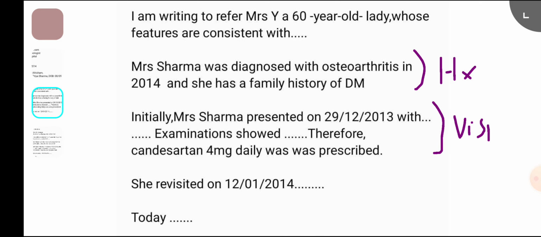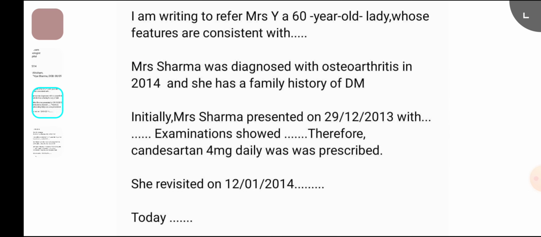Now if your history is like 2 3 lines, then write it as a separate paragraph. Otherwise, if it's just a one-liner, that's not going to make a paragraph. Just write it at the end of your first paragraph. Okay, so this is just a history you have written.